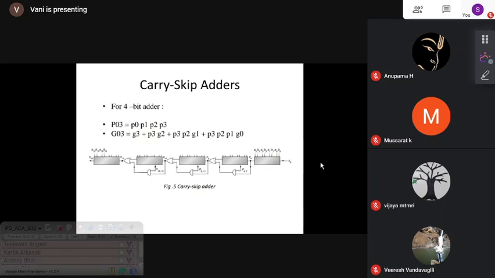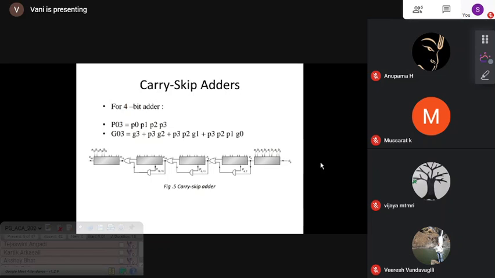So from the carry look ahead adder, we have got the equations for P and G. So if we are using the 4-bit adder, then the P equation will be equal to P0 P1 P2 P3, and the G0-3 equation will be equal to the given equation, which is a bit lengthy compared to the P equation.